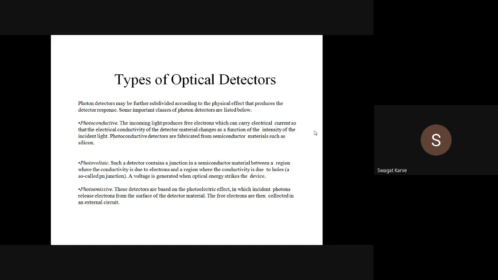All types of optical detector, whether it is a PIN diode, avalanche diode, phototransistor, photodiode, any type of optical detector, works on the principle of absorption.